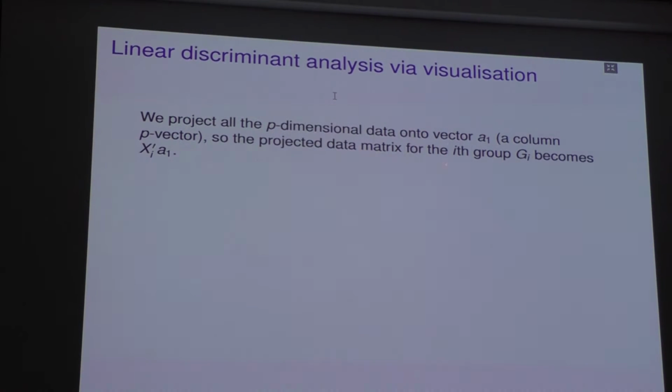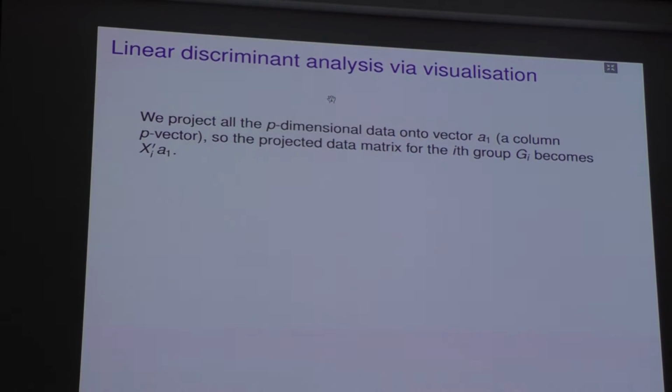So if we project all our data then onto some vector a, exactly like we did in PCA, then if Xi dash is our data matrix in the group i, then the projection, that's all the linear combinations, is given by Xi dash times a.